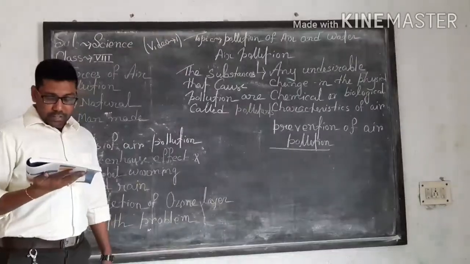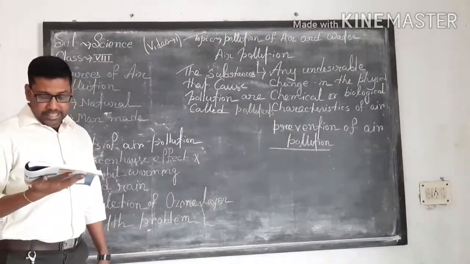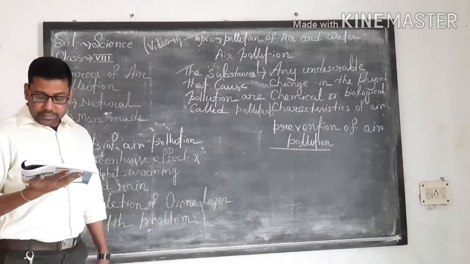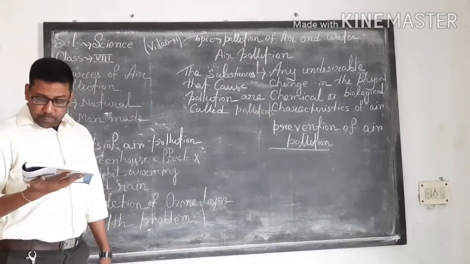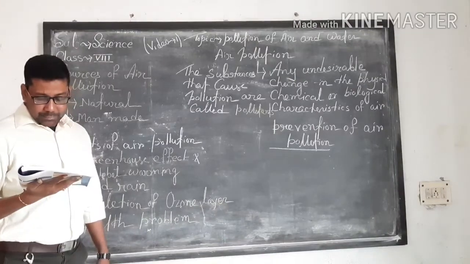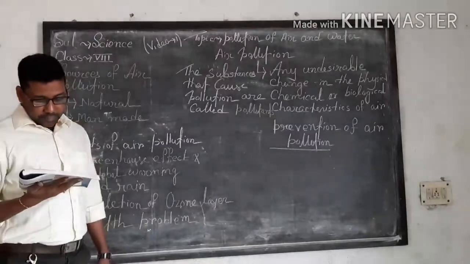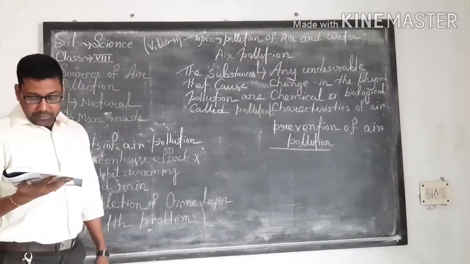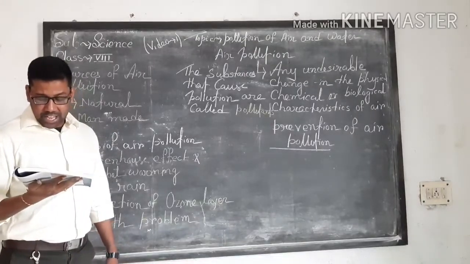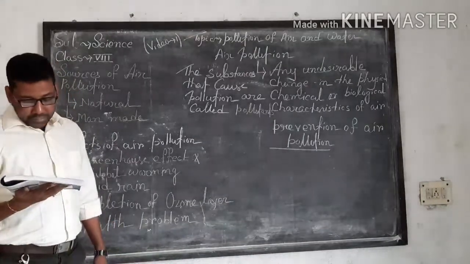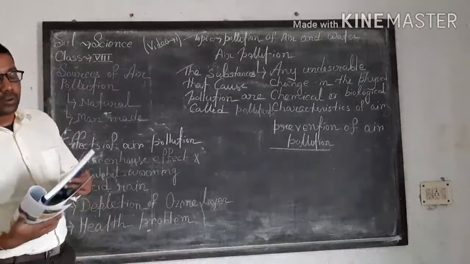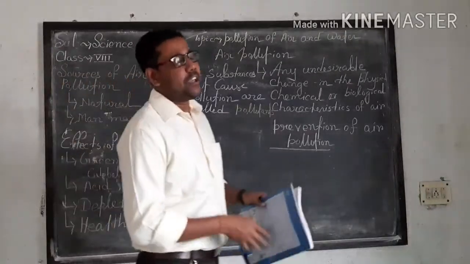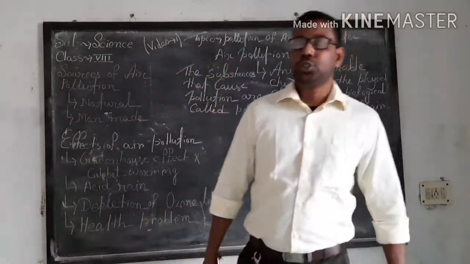Next, the oxides of nitrogen and sulfur can also cause respiratory problems including permanent lung damage, and smoke can cause breathing difficulties such as asthma, cough, etc. in children. So these are the bad effects of air pollution.